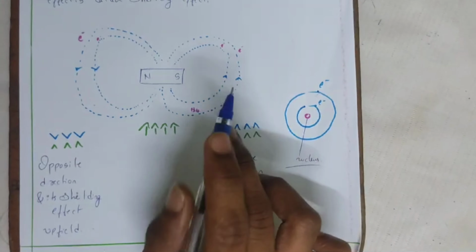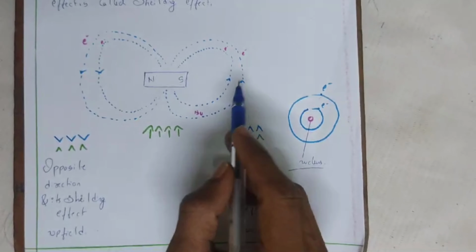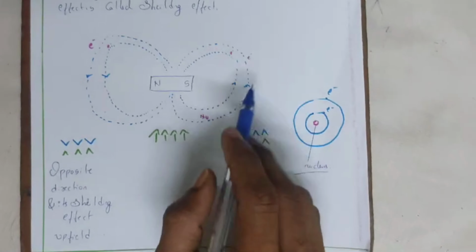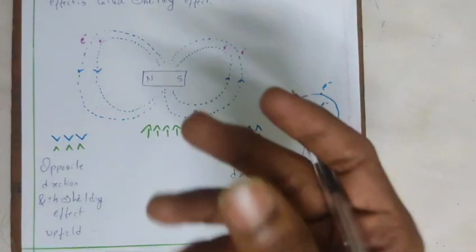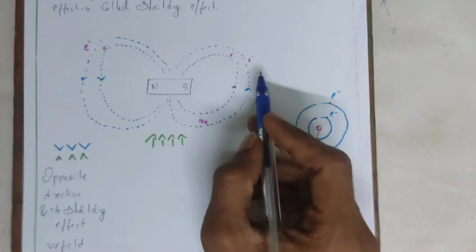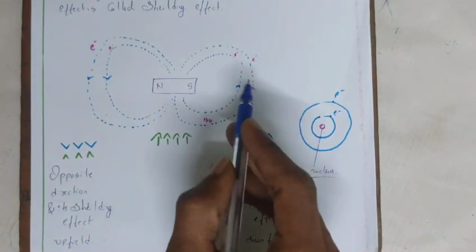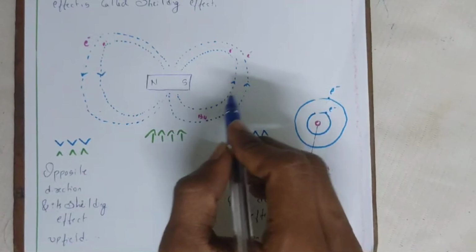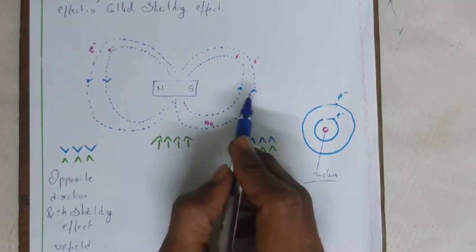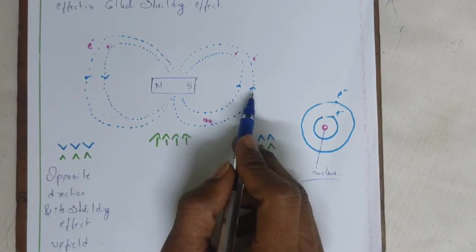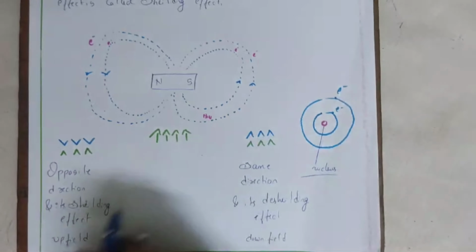So you can say it is a secondary magnetic field, or we can also say it is an induced magnetic field, because it is produced by the electrons revolving around the nucleus. That's why it produces an induced magnetic field. So these blue arrows we are seeing are the induced magnetic field or secondary magnetic field.